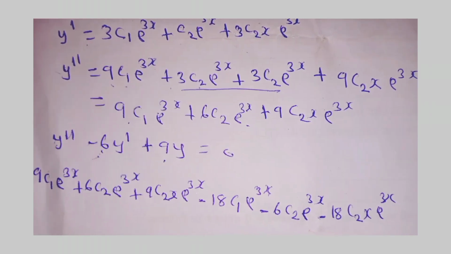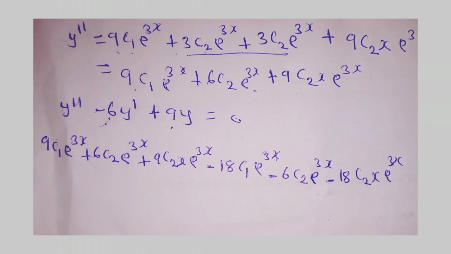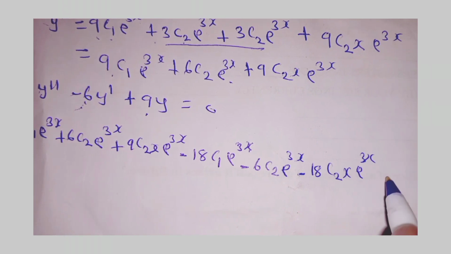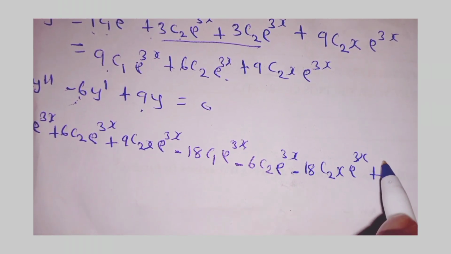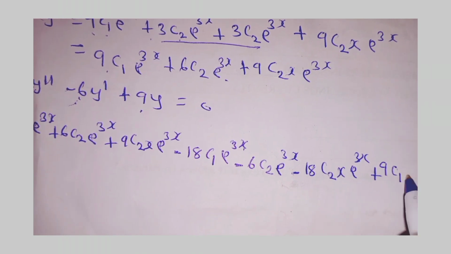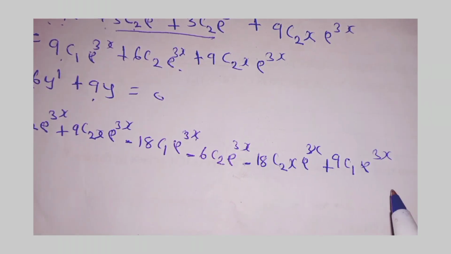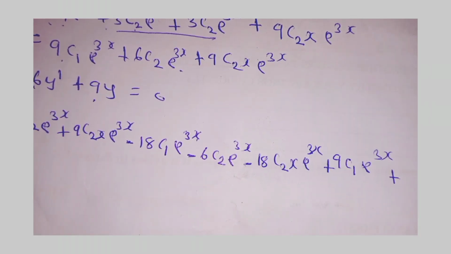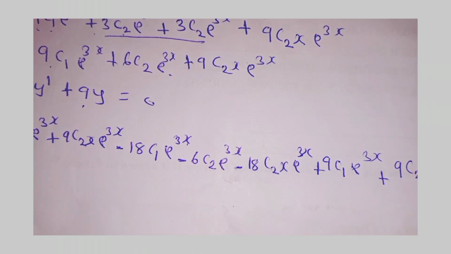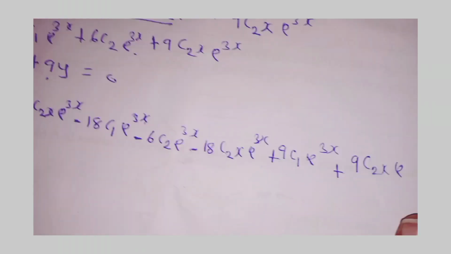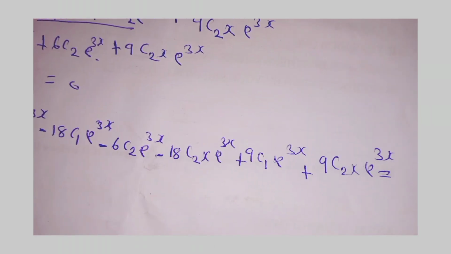Then you have 9y, so you are going to have plus 9c1 exponential 3x plus 9c2 x exponential 3x. This is equal to 0.